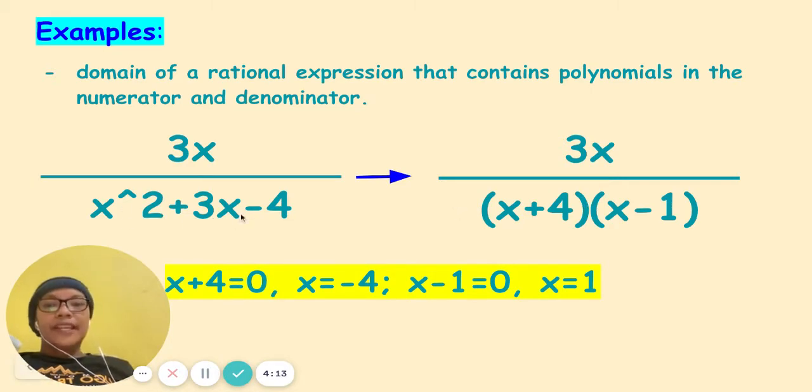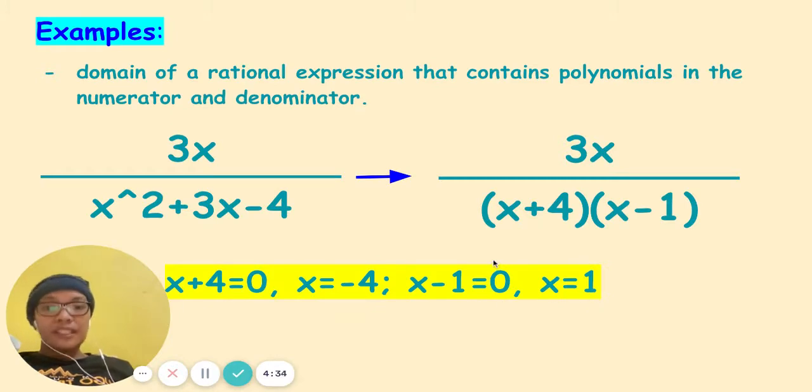So, x squared plus 3x minus 4 will give you (x plus 4)(x minus 1). So, paano nyo po malalaman? So, again, you equate x plus 4 to 0. Then, x minus 1, the other factor, to 0. Then, it will give you negative 4 and positive 1.